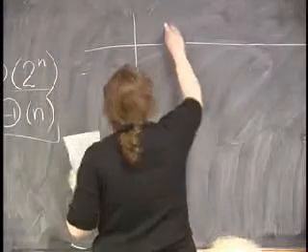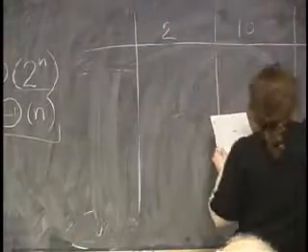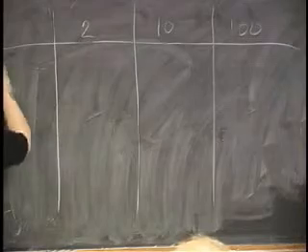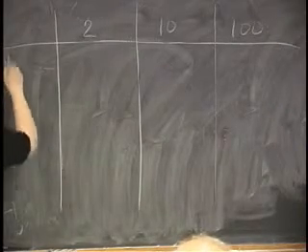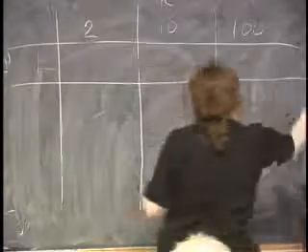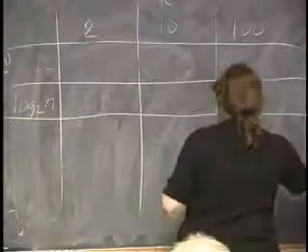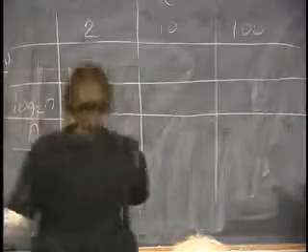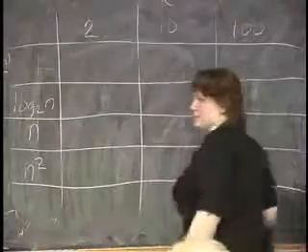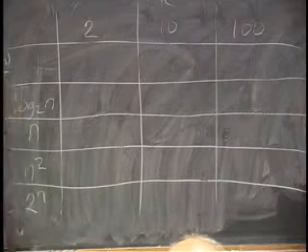Okay, so let's look at values of n: 2, 10, and 100. And then this is going to be the theta of n. Let's look at 1, log 2 n, n squared, which we haven't seen today, but hopefully we'll show an n squared in recitation, and 2 to the n.